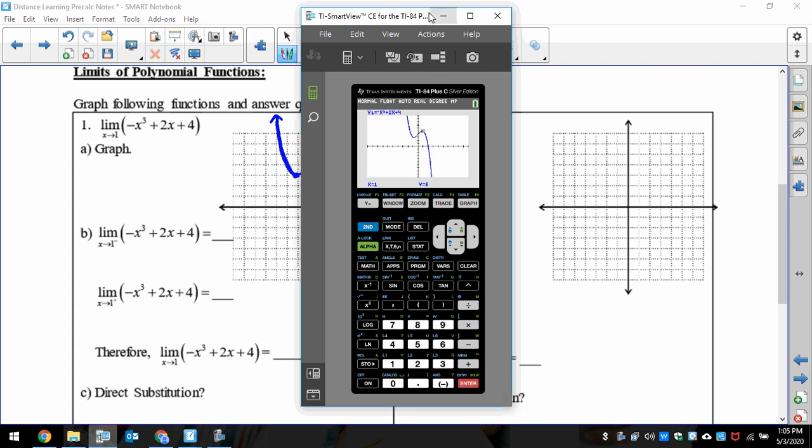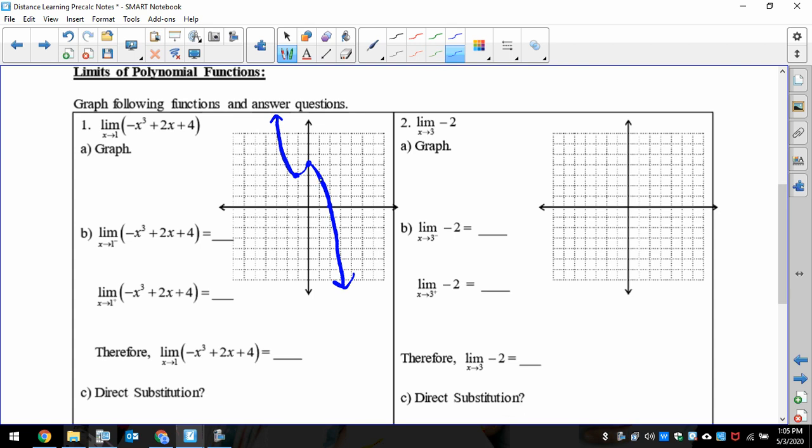Coming from the left, it's getting up closer to 5. I drew it a little bit off. It looks more like that. Let's fix it there. Up at 5, so that's from the left-hand side. I'll draw it in green. The graph is going up to this point right here, and so it's getting closer to 5.